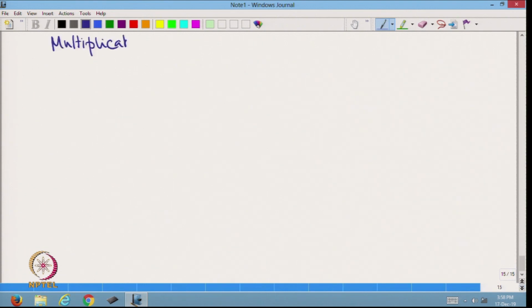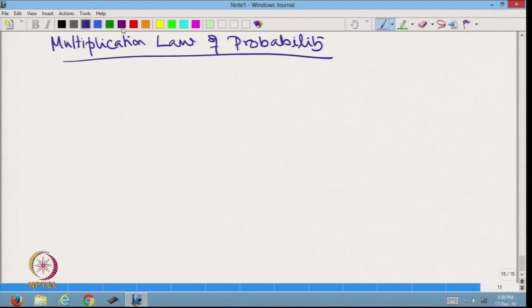So, the multiplication law of probability is an interesting and important section here. We get an intuitive idea.